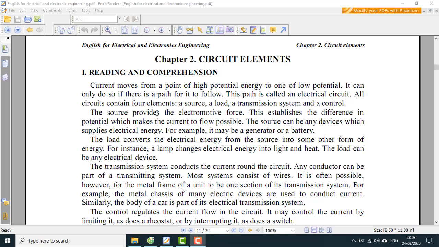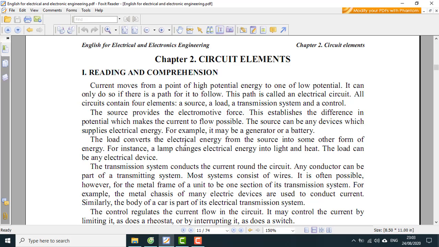The source provides the electromotive force. This establishes the difference in potential which makes the current flow possible. The source can be any device which supplies electrical energy. For example, it may be a generator or a battery.